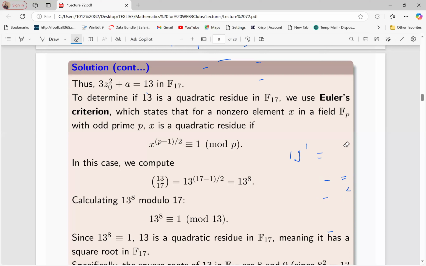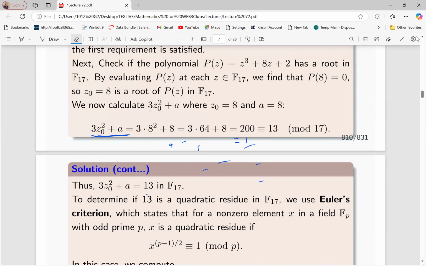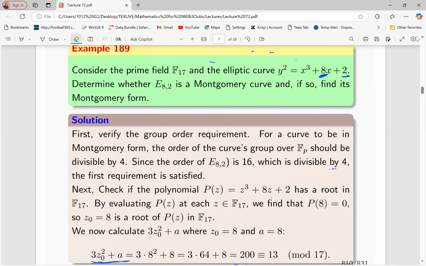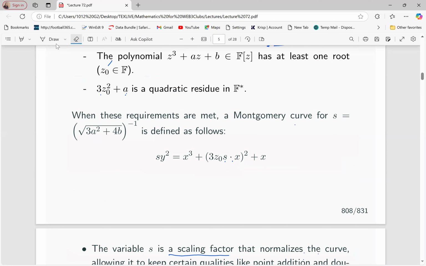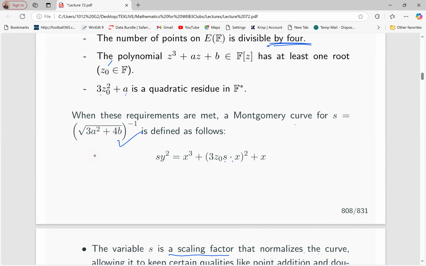What follows now is to convert, the short way, to Montgomery form. Our formula was here: the first thing we do is get S, and then the square root of that.